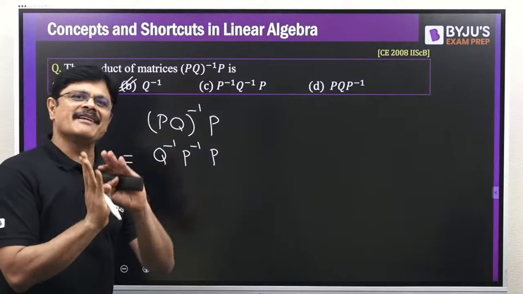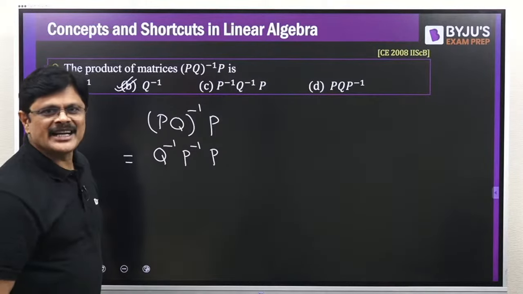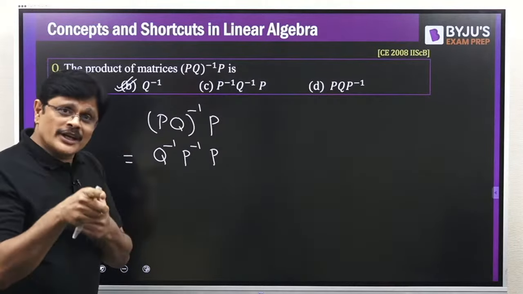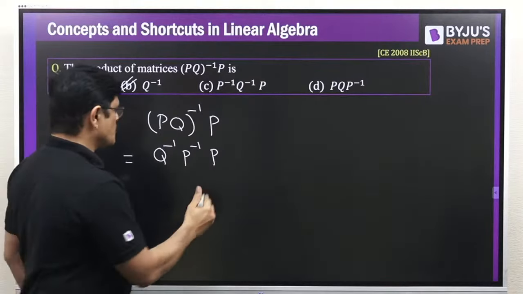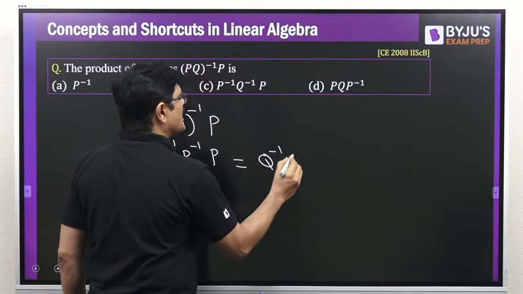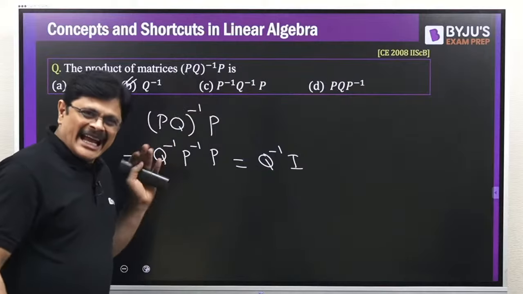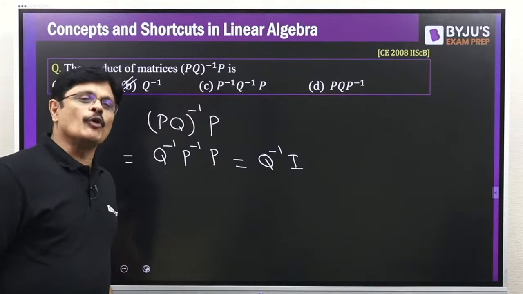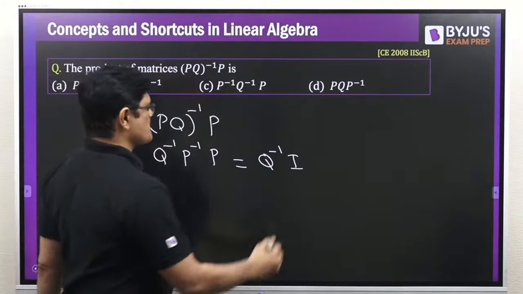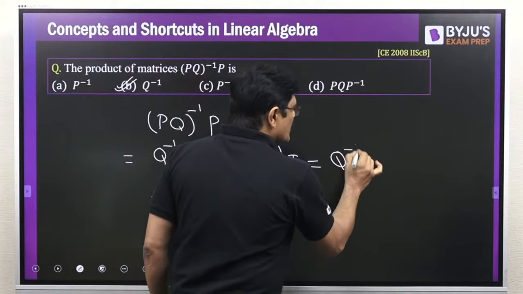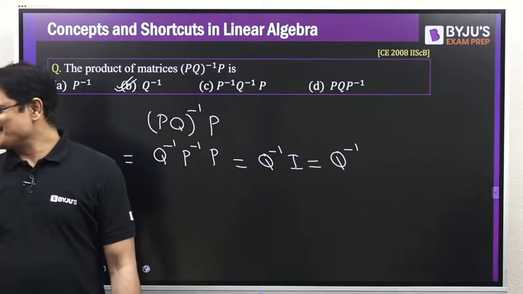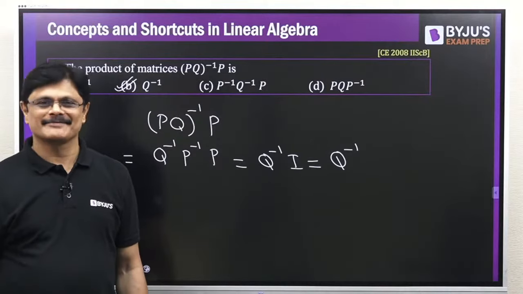Whether you multiply the inverse on left or right, you should get the identity matrix. If you don't know the definition, that problem will come here. So it is identity, and multiplying any matrix with the identity matrix gives you the same matrix. You are correct 100%. Very good.